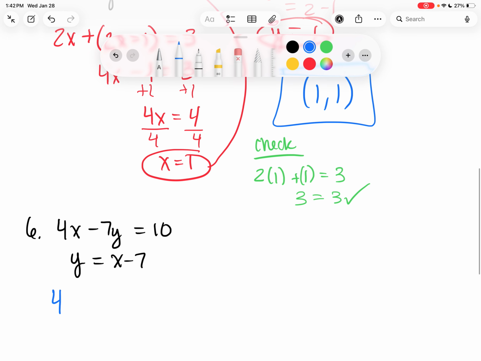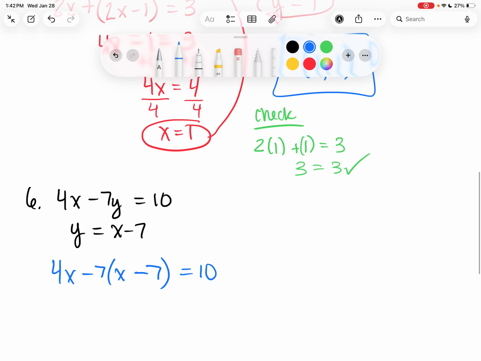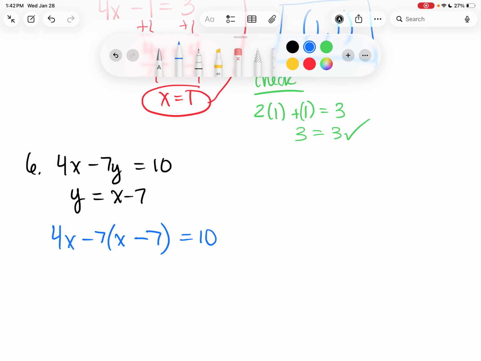So I've got 4x minus 7, and make sure you put parentheses because I'm going to have a distributive property situation, times (x minus 7) equals 10. So I've replaced y in the first equation with x minus 7 from the second equation.